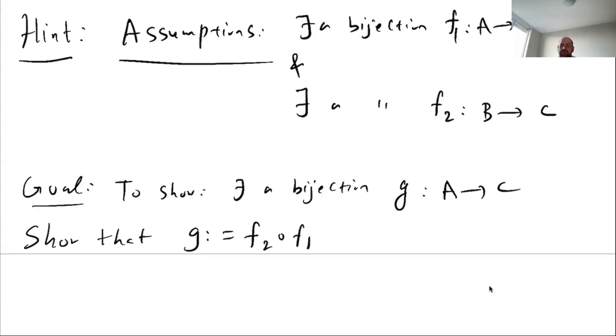First, we have to apply F1 to go from A to B. Then we have to apply F2 to go from B to C. That means we have to show F2 composed with F1 from A to C is a bijection. Okay, so I told you the path. The path is to write down the assumptions, give some notations to our bijections F1, F2, and then write down the goal and show that the composition can work as the bijection that we are looking for.